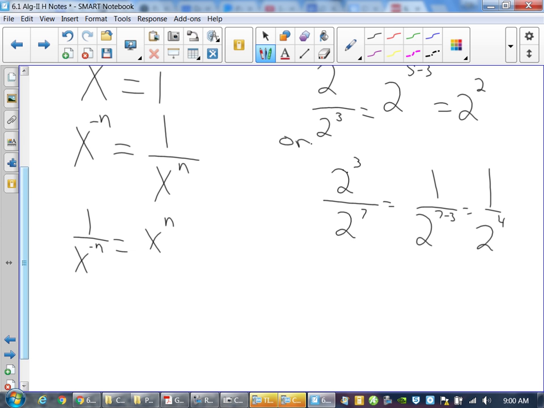In the numerator. Anytime you have a negative exponent, it just jumps sides, numerator to denominator, or denominator to numerator. That's all it does. It's unhappy, make them happy by moving. Get out of here. Go be happy somewhere else. Now they're happy.